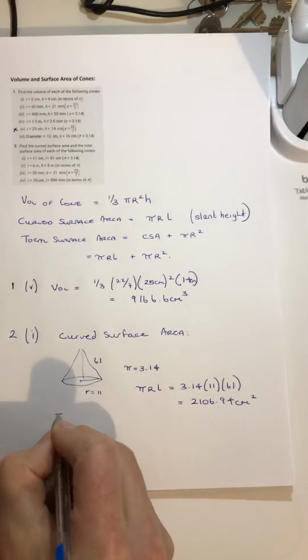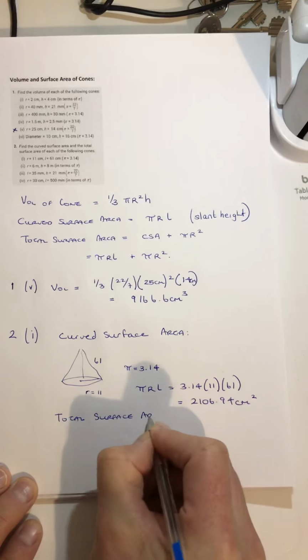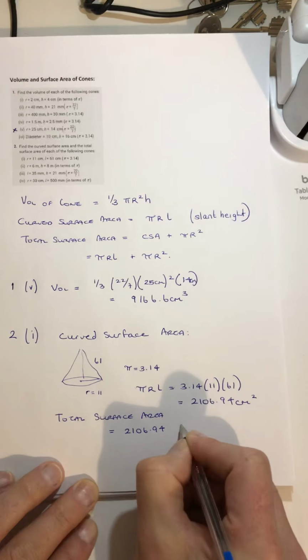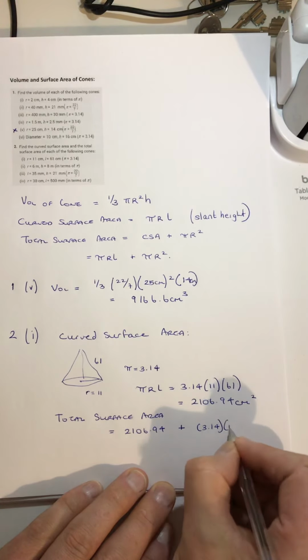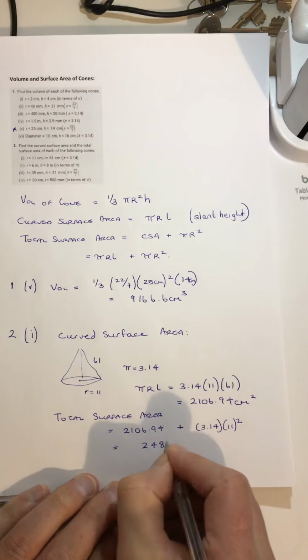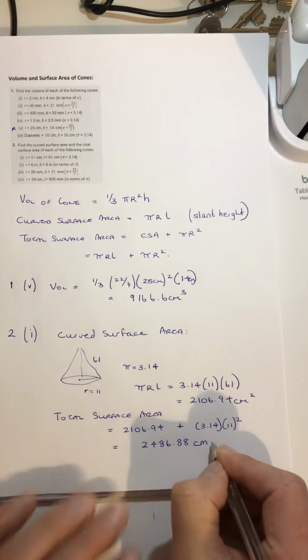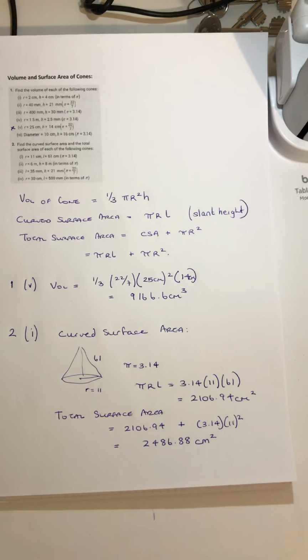And then for the total surface area is equal to 2106.94 plus the circle on the bottom, 3.14 times 11 squared. So we add those together and we get 2486.88 centimeters, and because it's area, it's going to be centimeters squared.